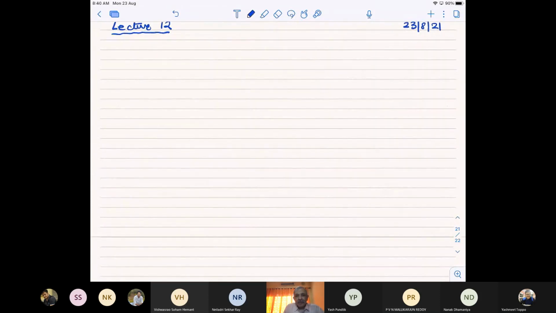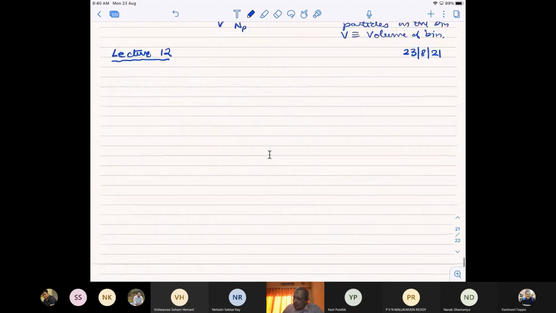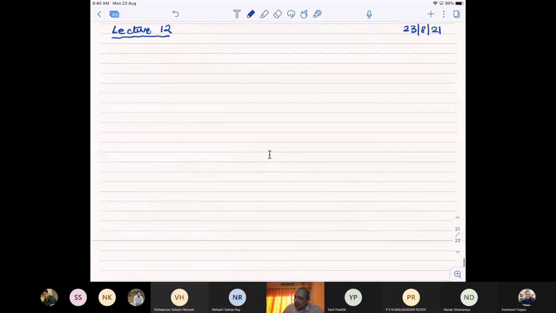So as I was saying, really we want to look at granular materials which are either static, they're just not moving, or they are moving very slowly. And in this case, what happens is that all the particles will be in contact with each other.